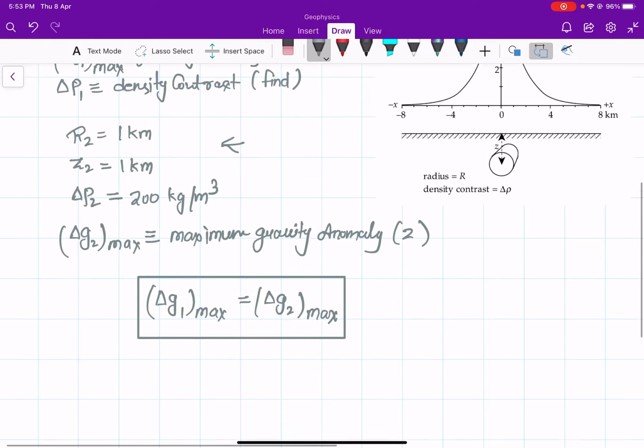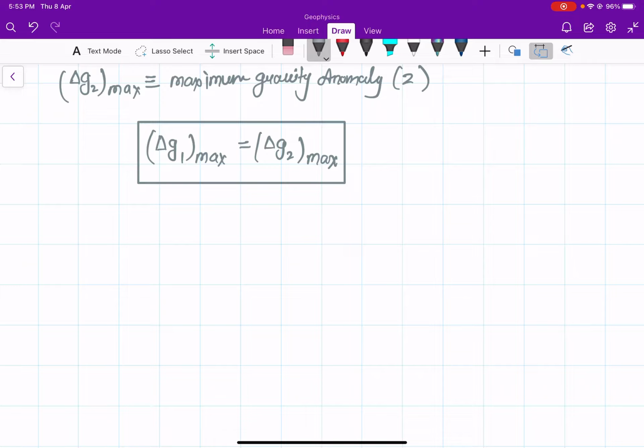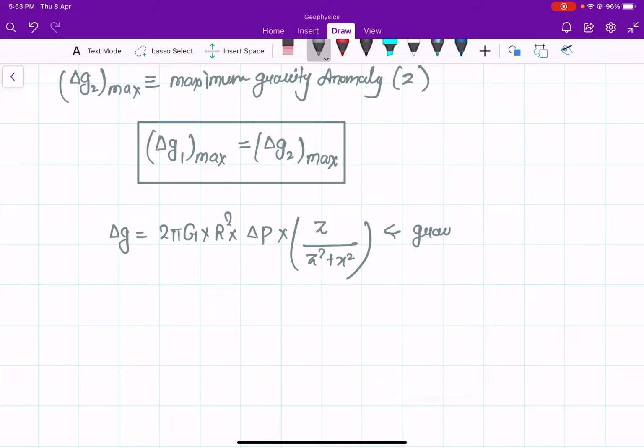Now the expression for the gravity anomaly of an infinite horizontal cylinder: del g equals 2 pi G r square del rho into z over z square plus x square.